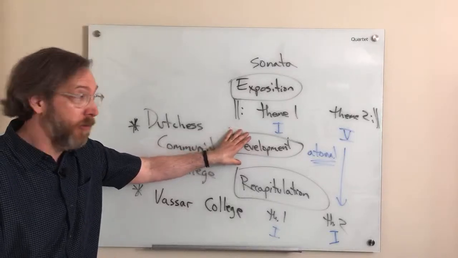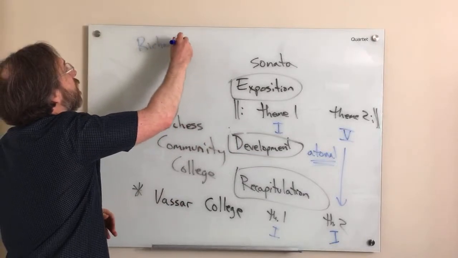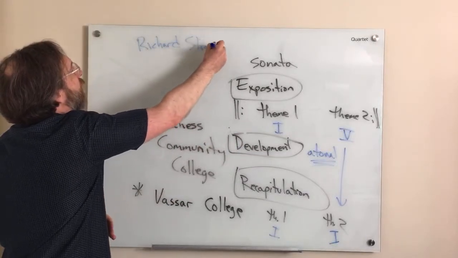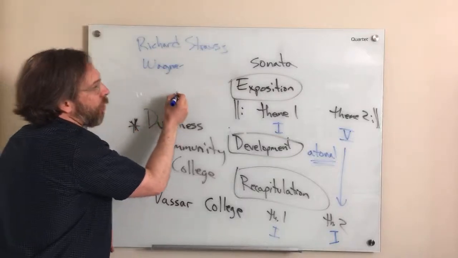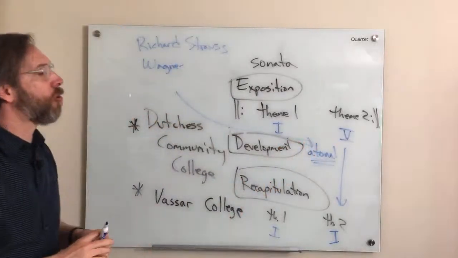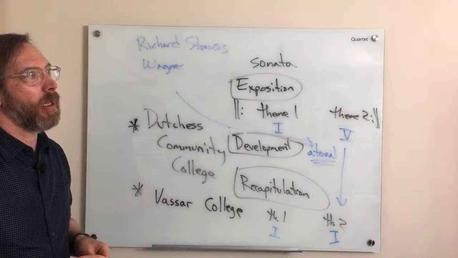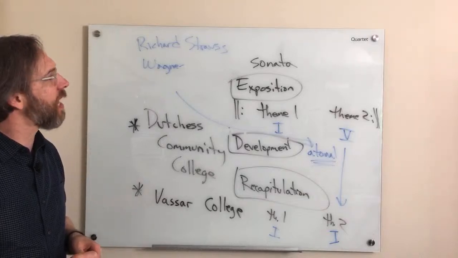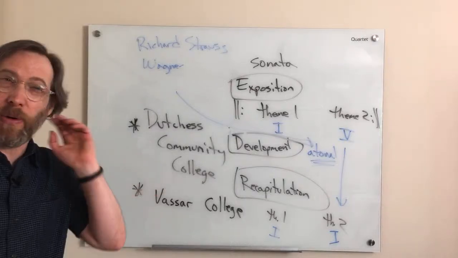Some people will argue that composers like Richard Strauss and maybe even Wagner had sections that were atonal, that were so chromatic that they were atonal. So here's how I would approach that.